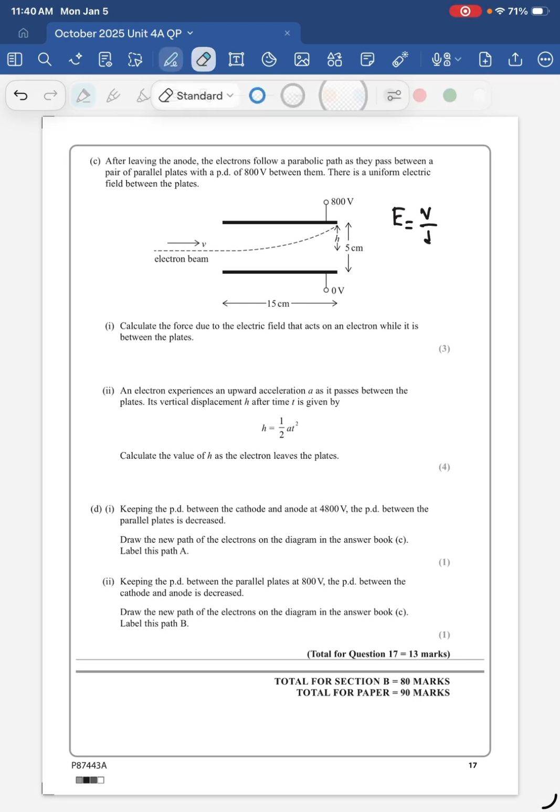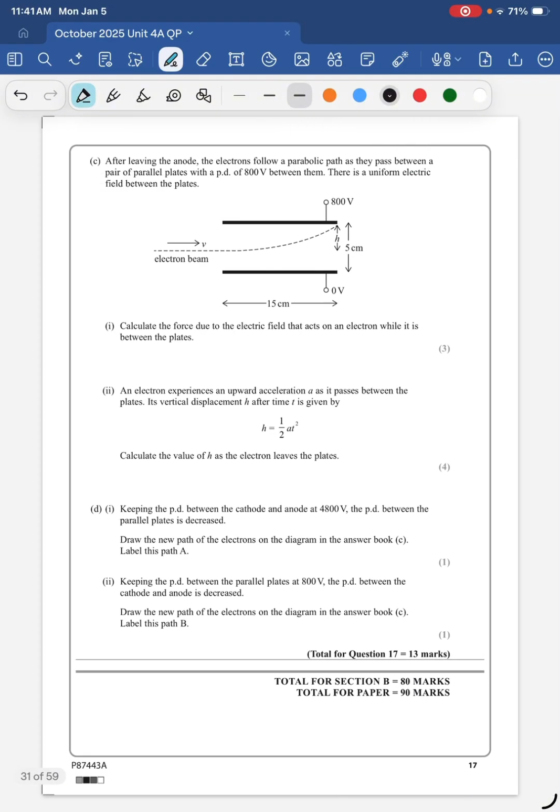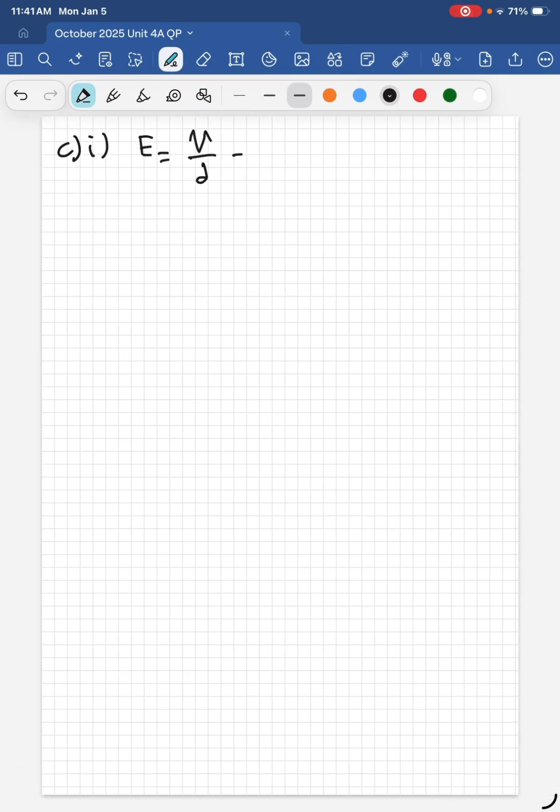Oops. Okay, maybe I'm going to use a clean page, because if I squeeze myself there, I make really horrible letters. So, part C, question 1. The electric field is equal to the voltage over the distance between the plates. I'm talking about this voltage now, okay? And this distance. So this is simply equal to 800 over 0.05, which is 16,000 volts per meter, which is also equal to newtons per coulomb.